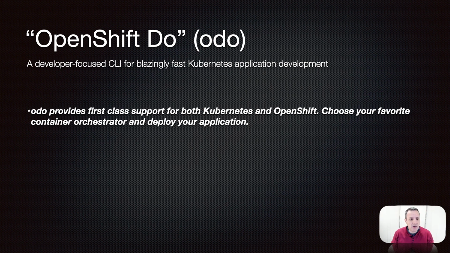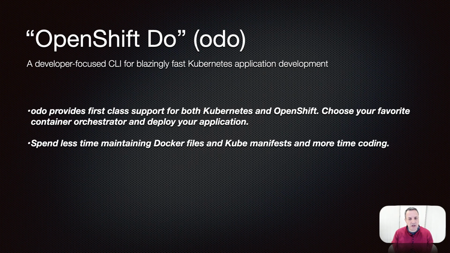Pick your Kubernetes system, and ODO will work fine against all of those. And the objective of the tool is so that developers spend less time maintaining those messy Docker files and Kubernetes manifests, and more time building that great microservices application.